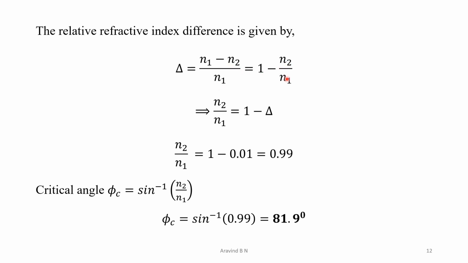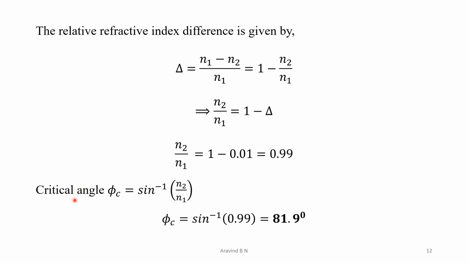Now rearranging, n2 by n1 is equal to 1 minus delta. Delta is a known factor, so n2 by n1 is equal to 1 minus 0.01, which is 0.99. So we have the value of n2 divided by n1.